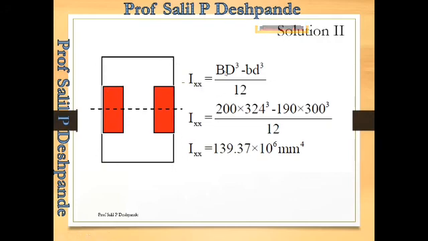So now I'm going to say that Ixx of the I section is equal to BD cube by 12 minus small bd cube by 12. If I take common, that is capital BD cube minus small bd cube, divided by 12. So what is this capital B?